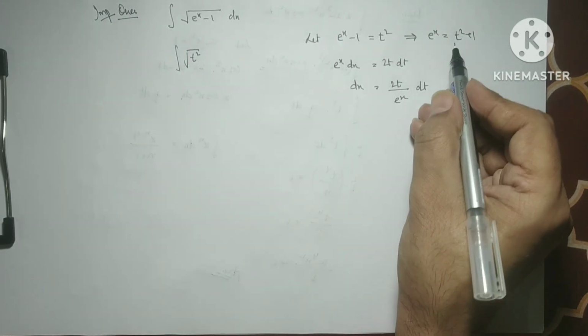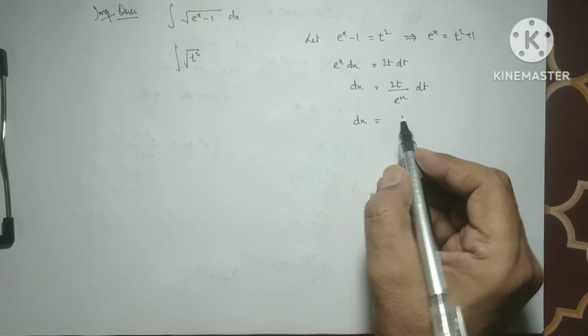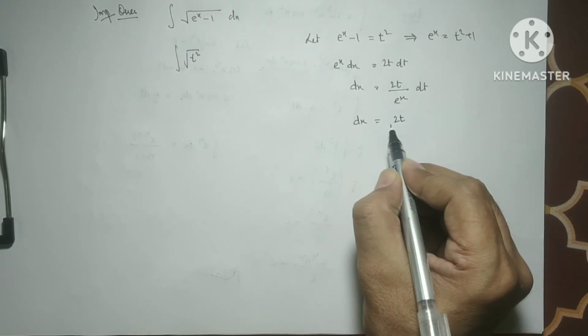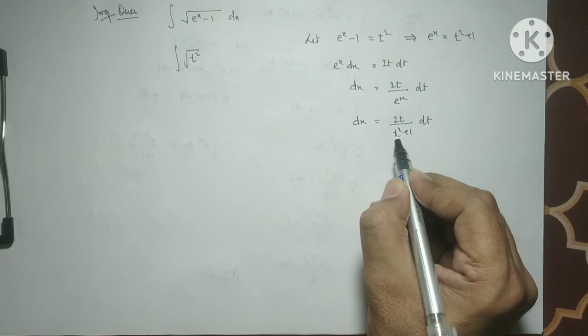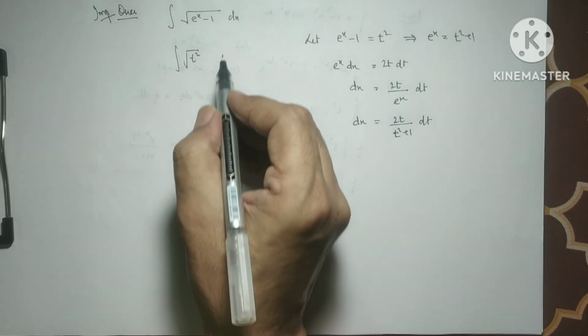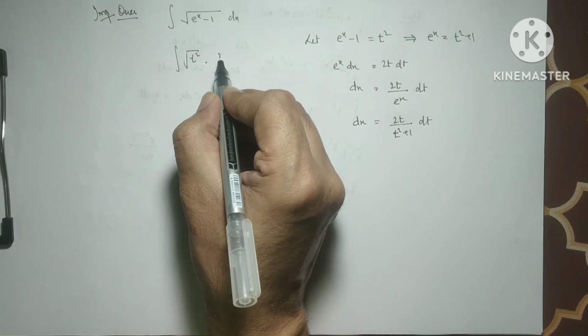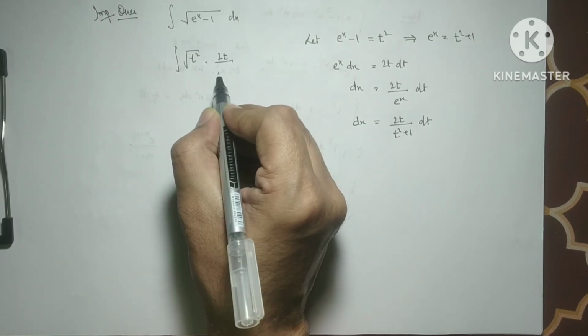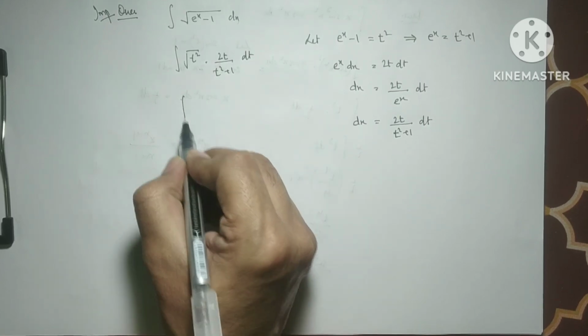So we can put this value, and collecting the value of dx, it is twice t over t square plus 1, and we put this value in place of dx, that is 2t over t square plus 1 dt, and this becomes t.